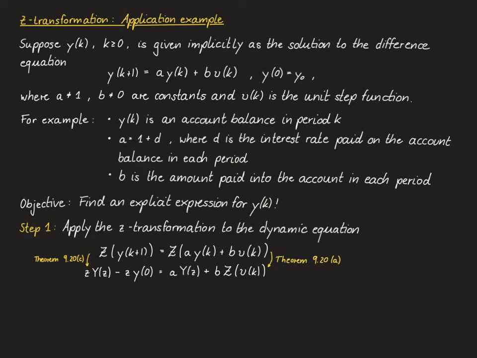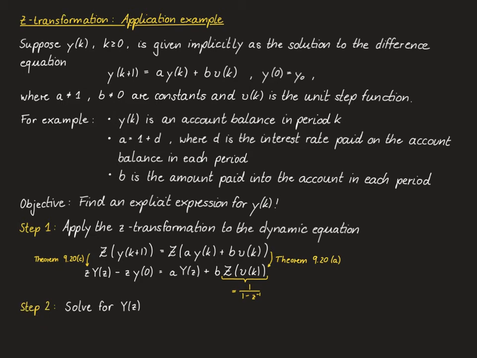And by linearity of the Z-transformation, the right-hand side is equal to a times Y of z plus b times the Z-transform of epsilon of k, which by the table for the Z-transformation is equal to 1 over 1 minus z to the minus 1.